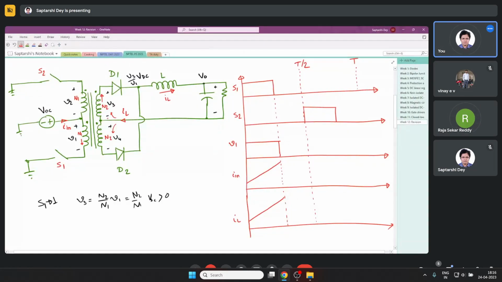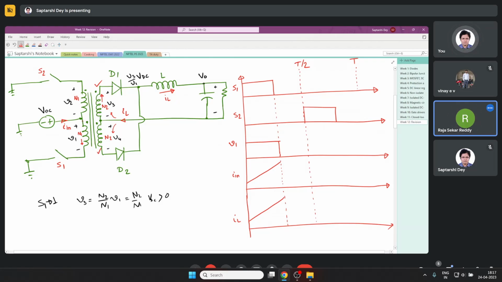Now you see here, for this winding, IL is going out of the dot terminal, and in this case current is going in the dot terminal. Their number of turns are the same, the current flowing through them is the same, only the direction is opposite. So the flux or the MMF created by these two windings are the same in magnitude and opposite in direction, so they will not create any net flux in the core, right?